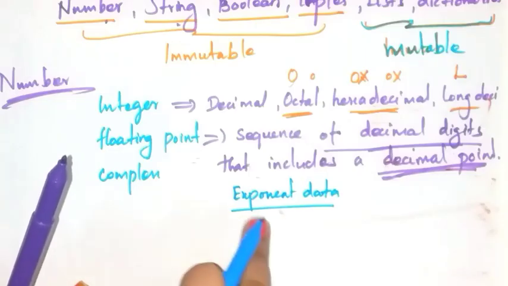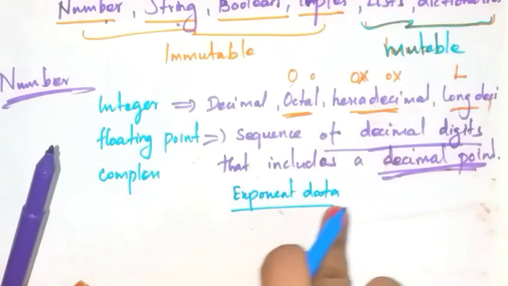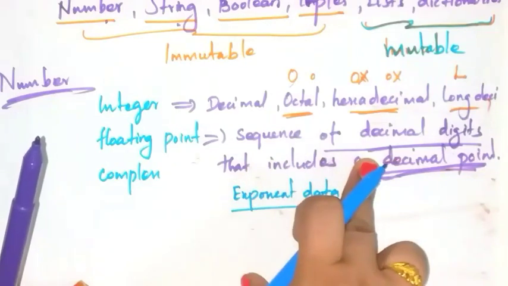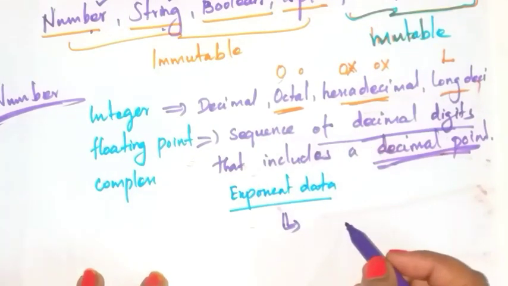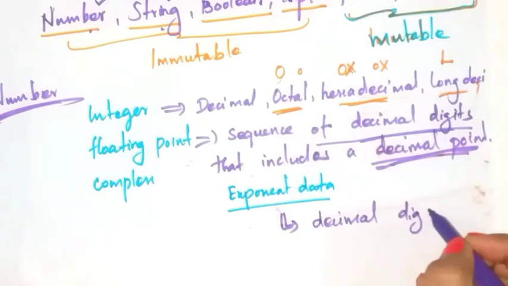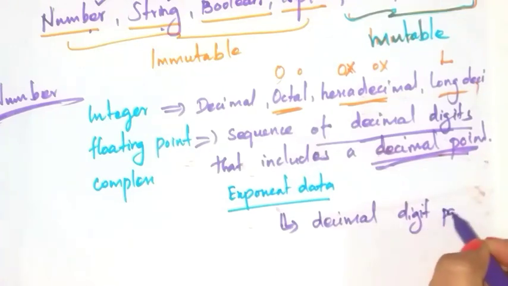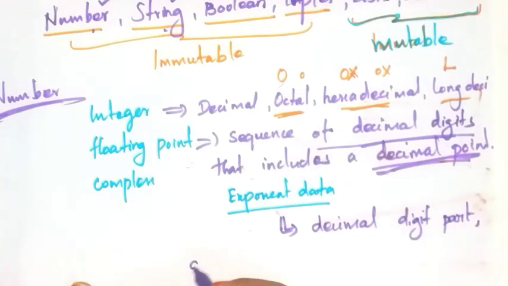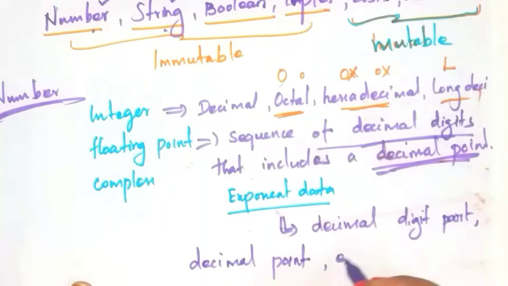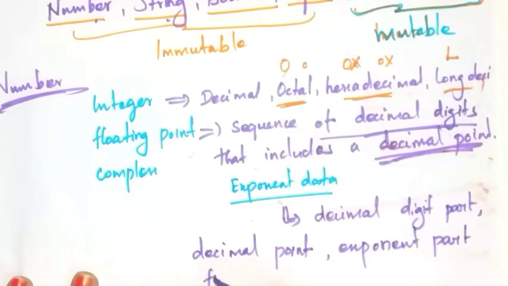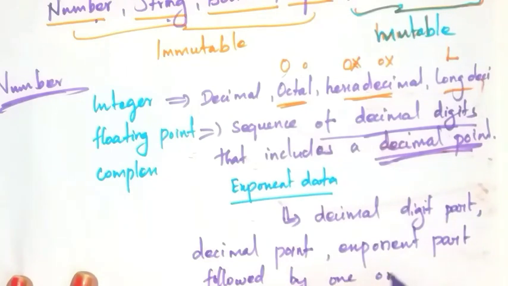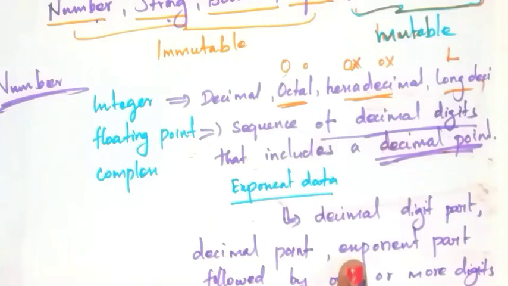Exponent values also come within the floating point numbers. What do you mean by exponent data? Exponent data contains a decimal digit part, a decimal point and an exponent part followed by one or more digits. How will you write the exponent data?